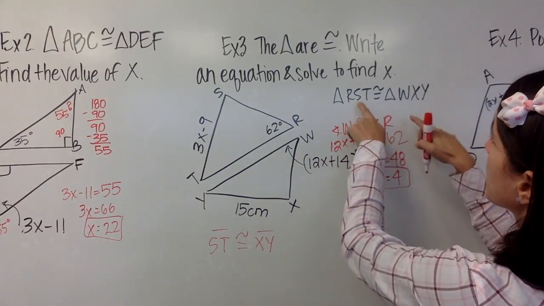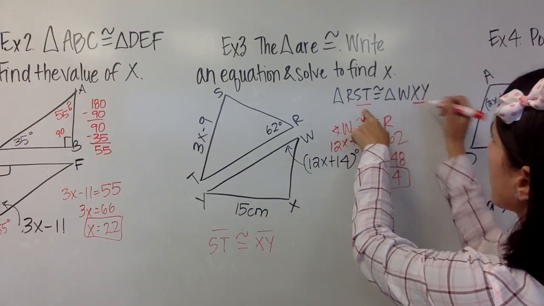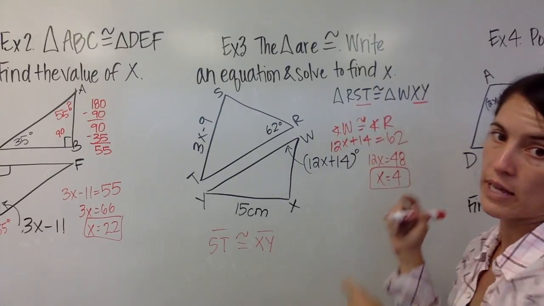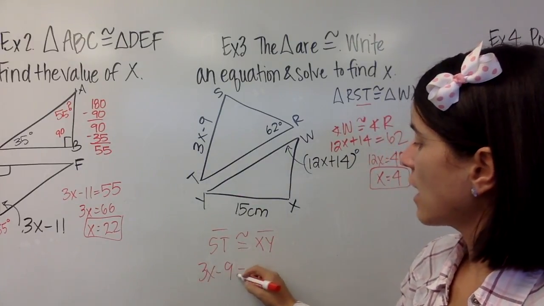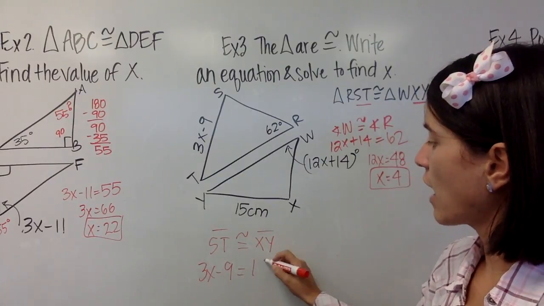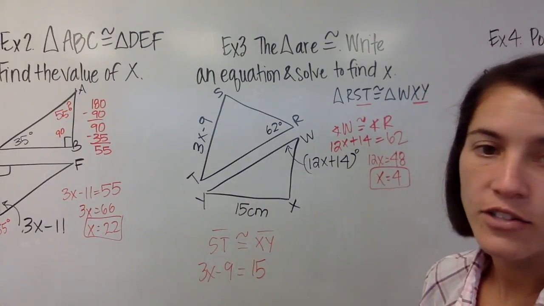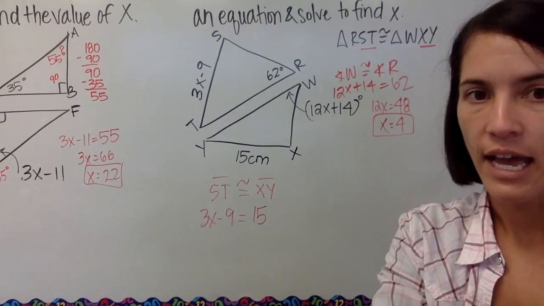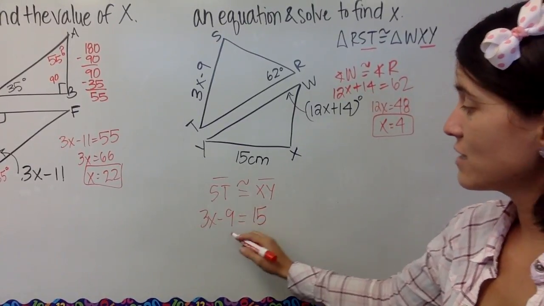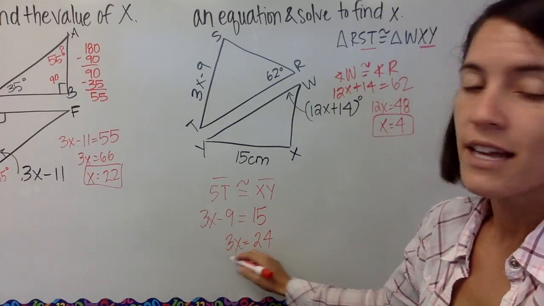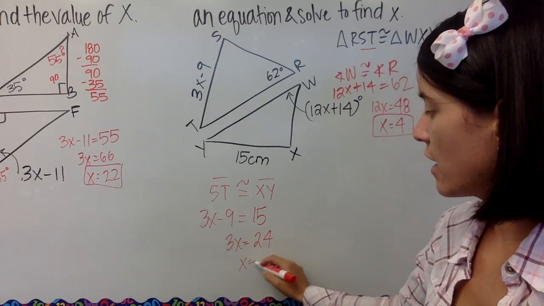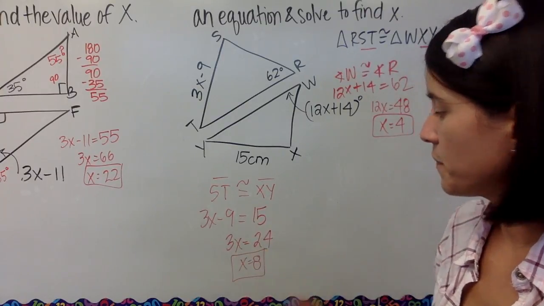And I can see that because ST right here and XY are in the same place. ST is 3x minus 9 and XY is 15. So now I have an equation and I can solve it by adding 9 to both sides. Plus 9 is 24. Divide both sides by 3 and x equals 8.